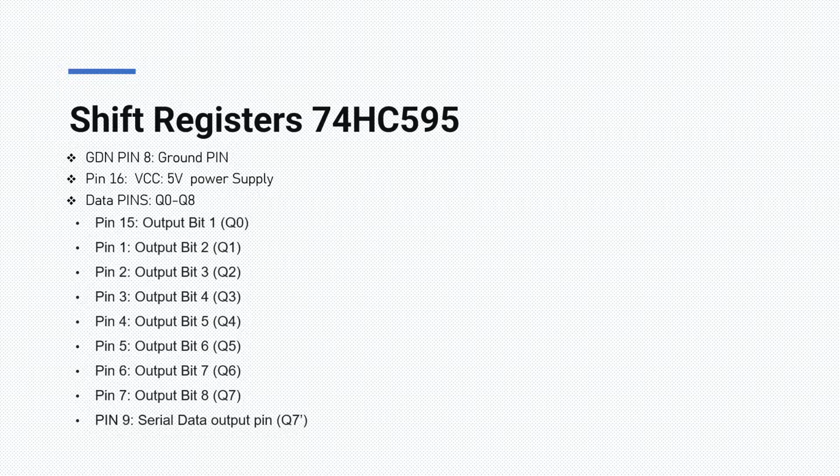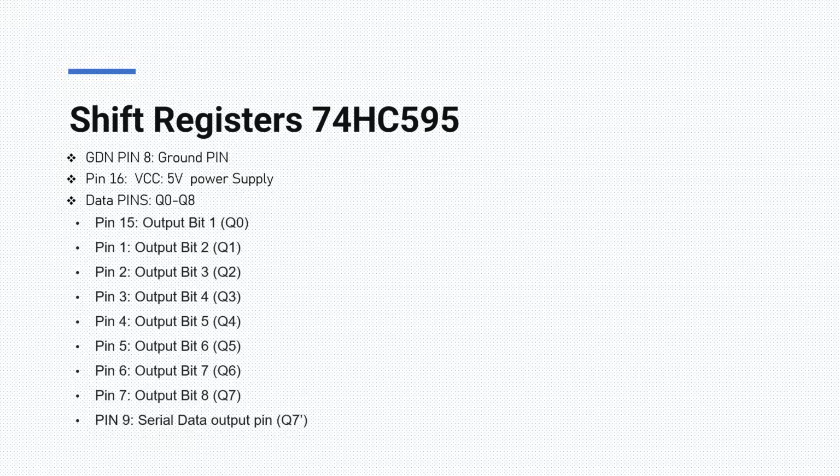Now the serial output pin, pin 9, can be cascaded with another shift register, where we can use it for 16-bit output. The pin 9, which we refer to as Q7 not, can be used for serial data output.